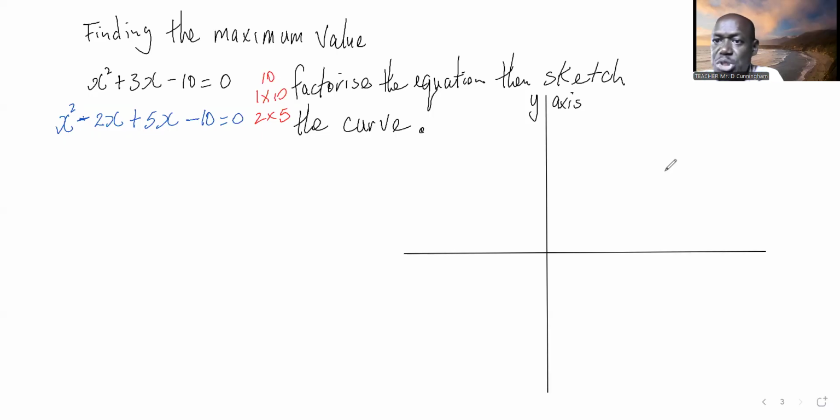Tell the class, Ashley, what is C? -10. So Theodora, it will cut at -10. So your graph is supposed to look like this. All right, that ain't looking too good at all. Let's try this again.